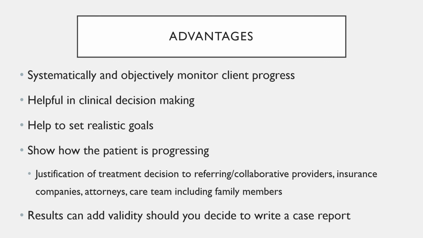So again, getting back to the results that you come up with, they could help you write up a case report. We don't have enough research in complementary and integrative care, and part of the reason is because people are not writing things up. There isn't a ton of money.